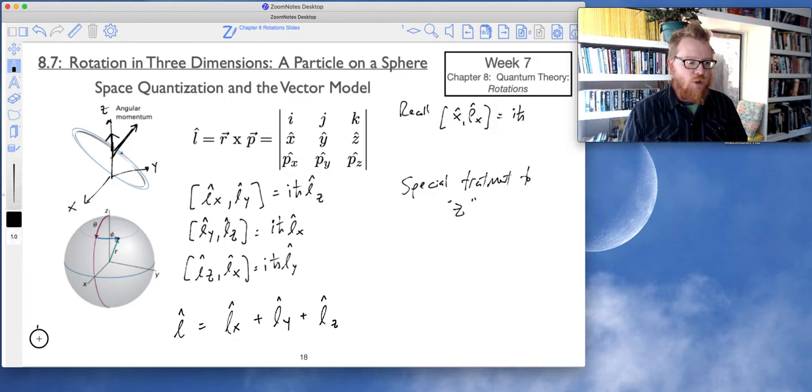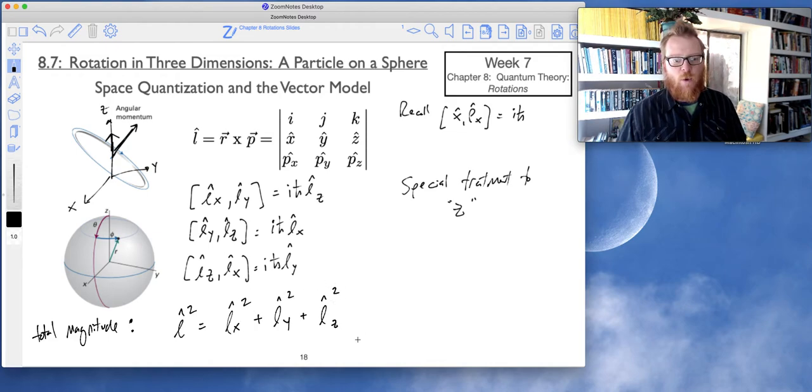So the total magnitude is given by L squared, which is Lx squared plus Ly squared plus Lz squared. This is going to create a Pythagorean triangle, which is very cool, and we're going to see that coming up.